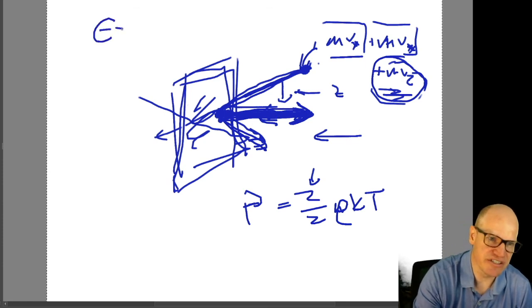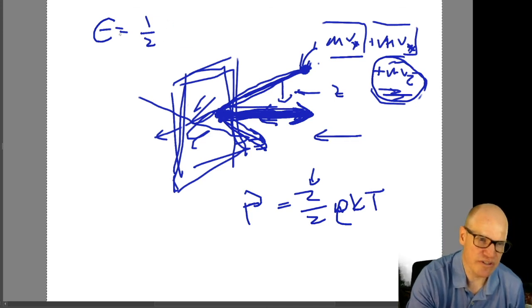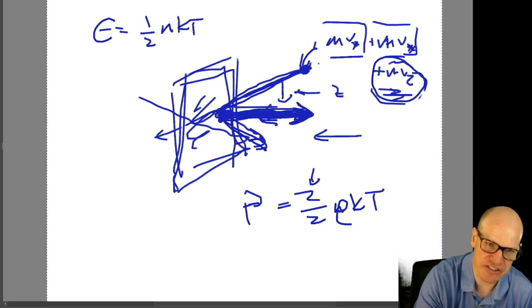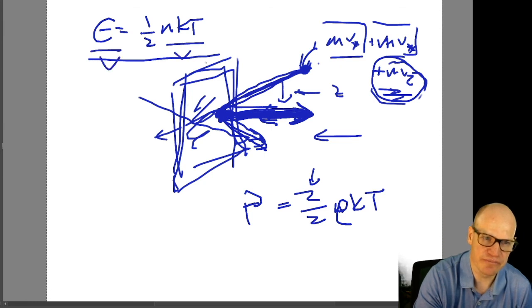That's energy equal to 1/2 rho kT. So the energy density, the energy, is equal to 1/2 nkT from the motion in that particular direction. If you absorb it from that direction, the pressure would be this, this divided by the volume.